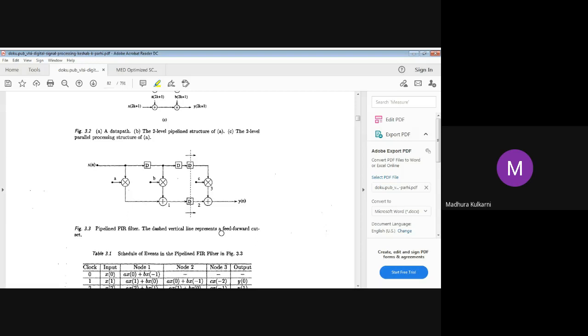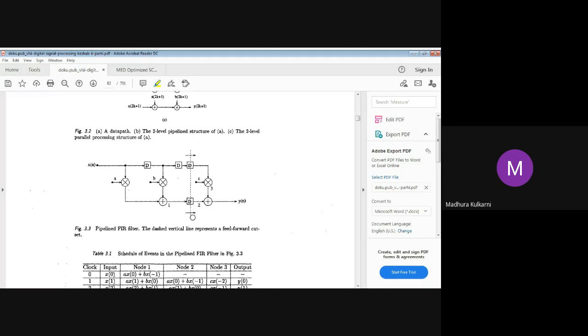The best cut set is a feed forward cut set added across all paths going in forward direction only. So we can see figure 3.3 wherein we have added a cut set across the critical path. So this is the cut set that has been added.